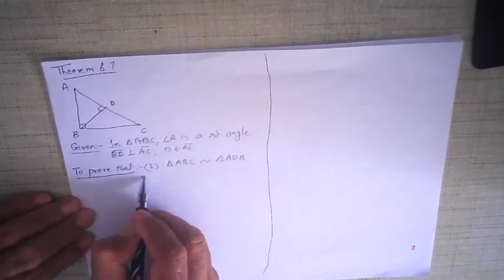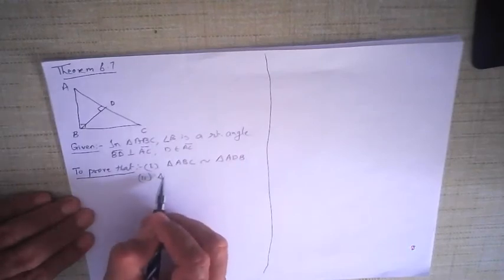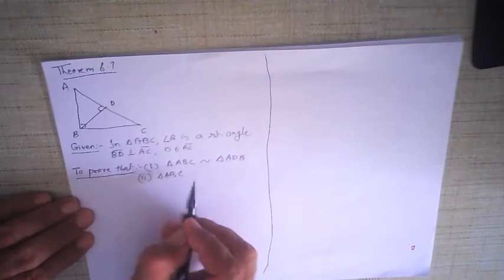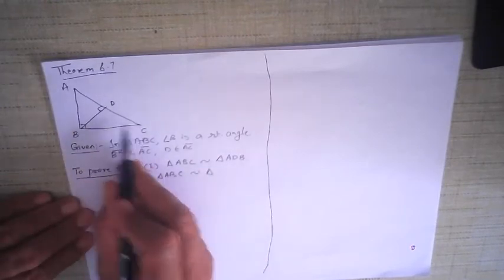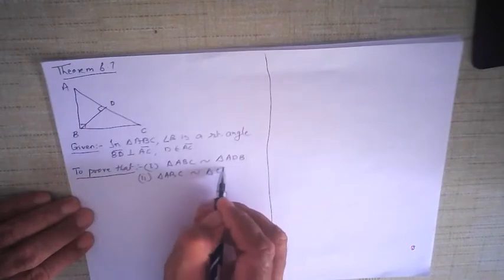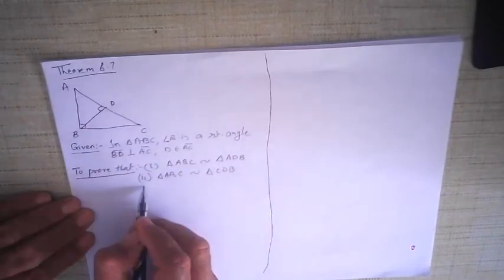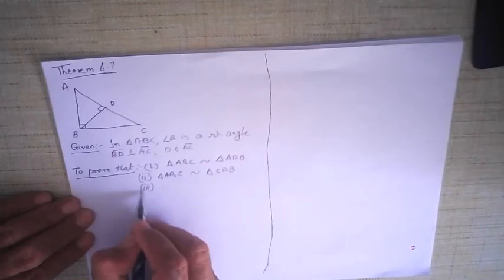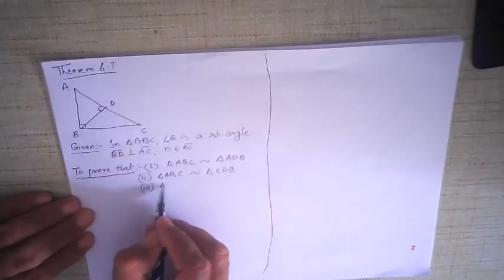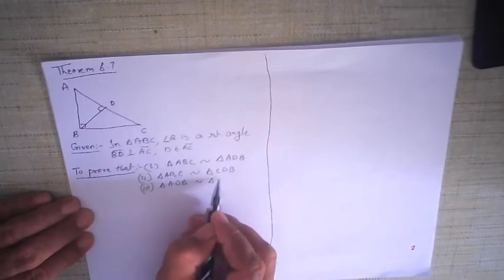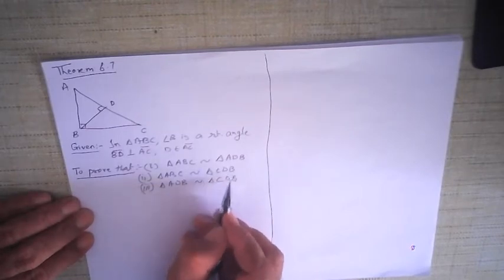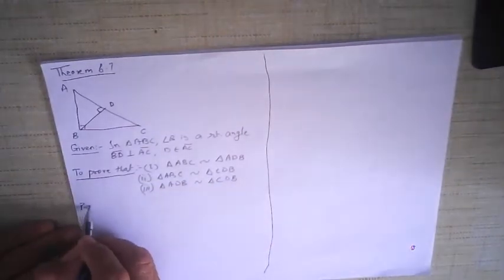The second thing that you have to prove is that triangle ABC is similar to this other small triangle, CDB. And finally, as a result of that, the two small triangles ADB and CDB are also similar to each other. Alright, we will begin with the proof.